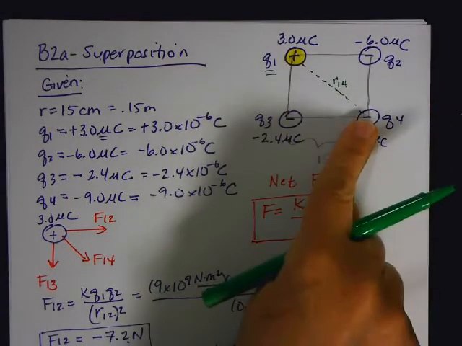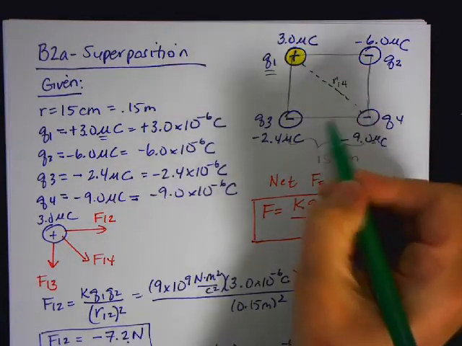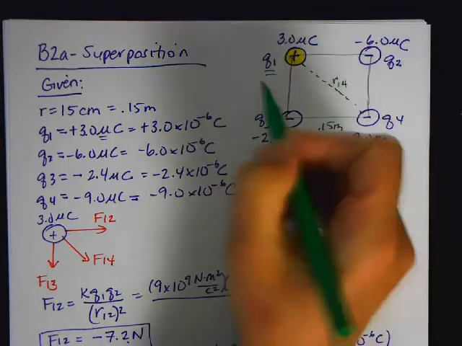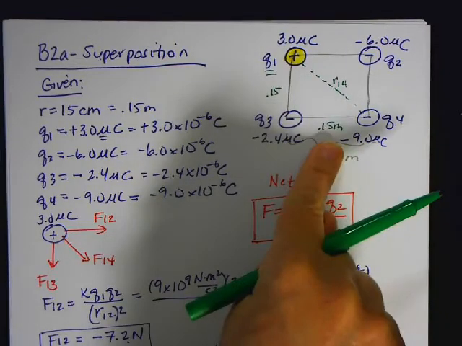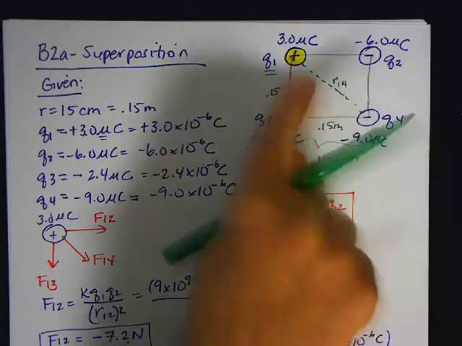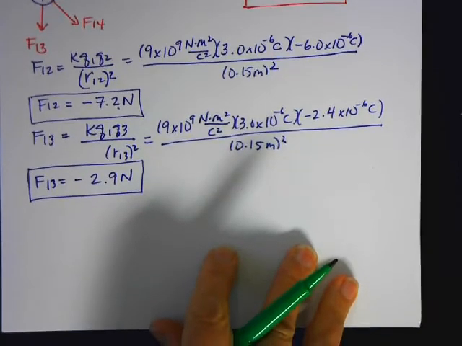Is that distance 0.15 meters? No. Remember, this is 0.15 and this is 0.15, so what I have here is an isosceles triangle. Can I find this distance? Yes.